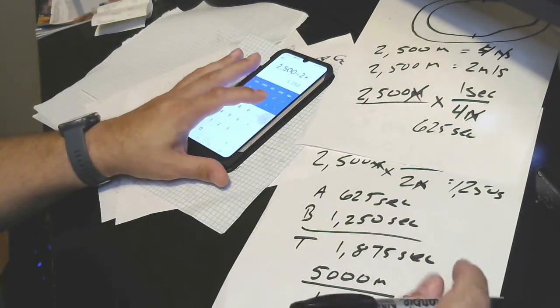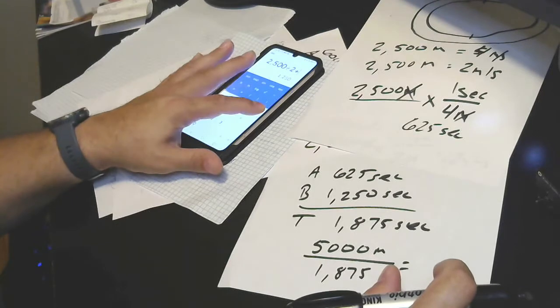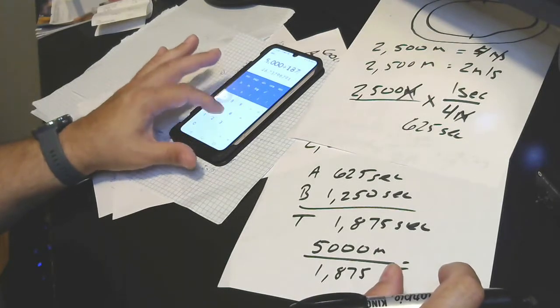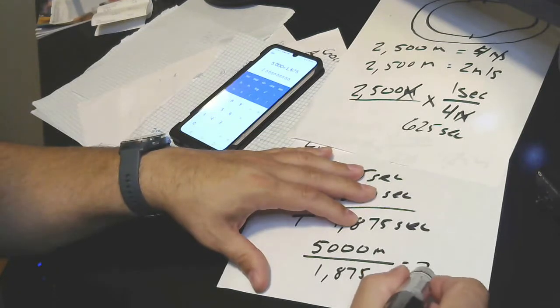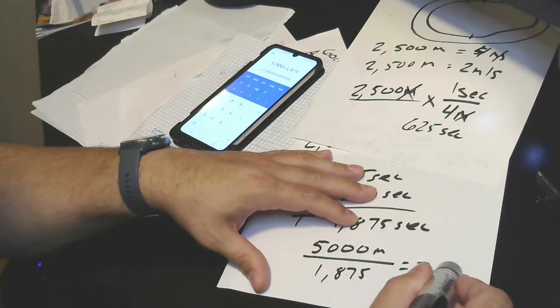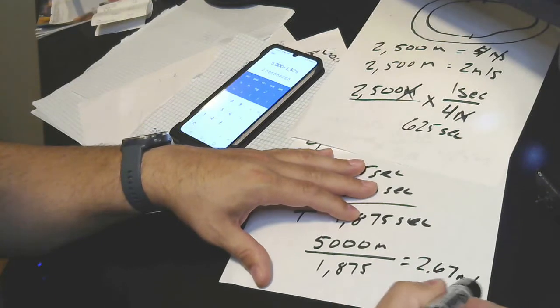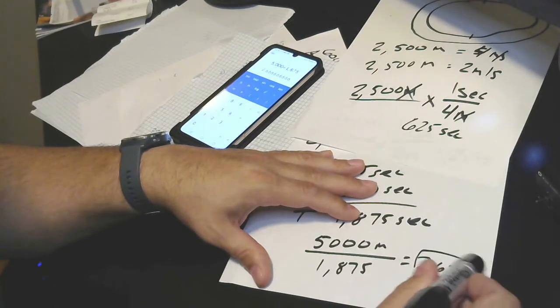So then we just go to my calculator here, 5,000 divided by 1,875 equals 2.66, repeating, we'll say 2.67 meters per second. That was her average speed.